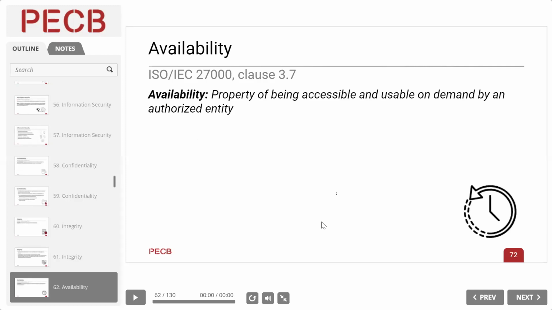Then availability: the property of being accessible and usable on demand by an authorized entity. We need to make sure that information is always available when we need it.